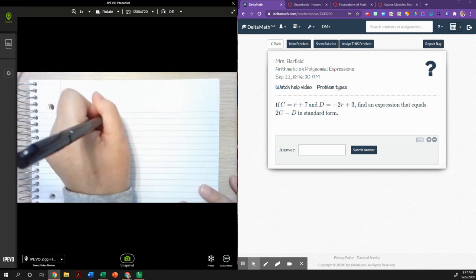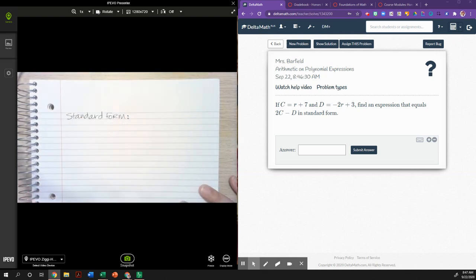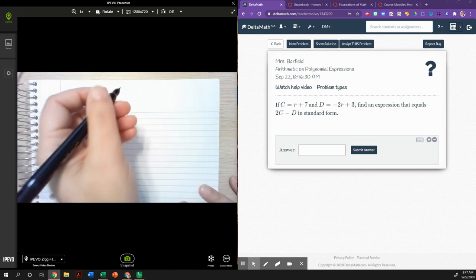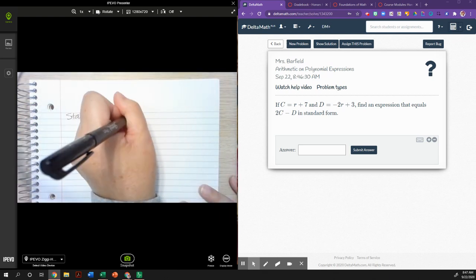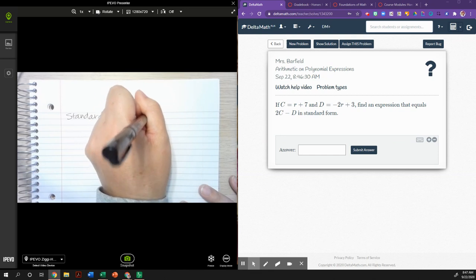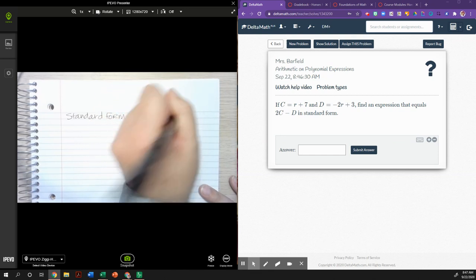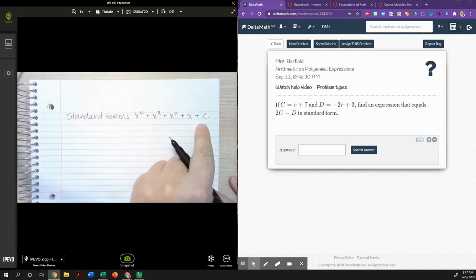And if you watched the last video, and you did the problems exactly as I told you to, you're going to be fine. Standard form is where you write the largest exponent first. So if you had every exponent starting with, let's say, x to the fourth in your problem, it would need to be x to the fourth plus or minus x to the third plus or minus x to the second plus or minus x plus c, which is your constant.